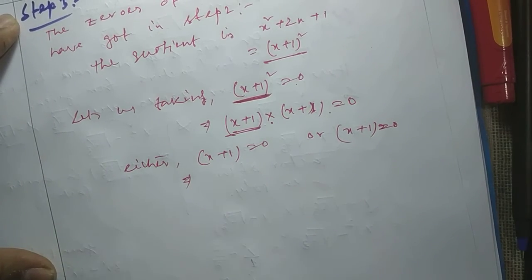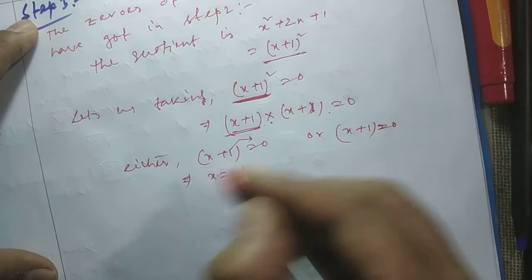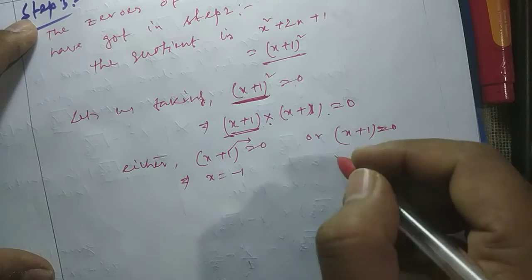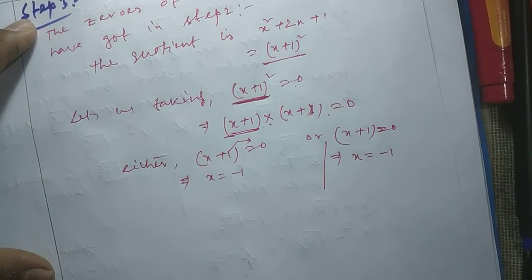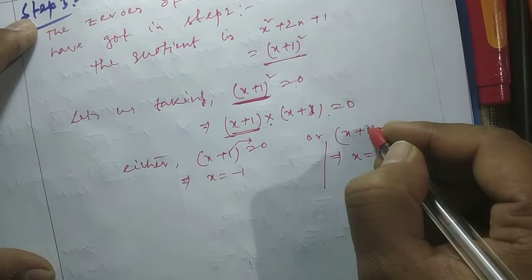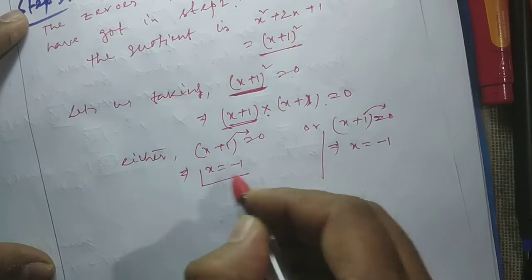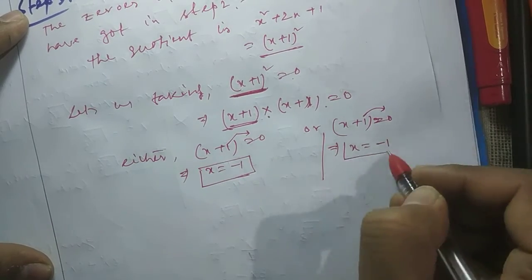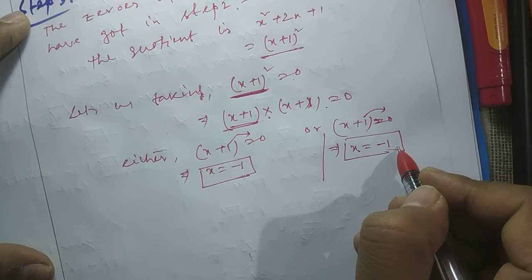Now from here we can say x equal to minus 1 by taking this term on the right hand side. Similarly here it will become x equal to minus 1. Now we have got two same x. We have got x equal to minus 1. Here also we got x equal to minus 1.